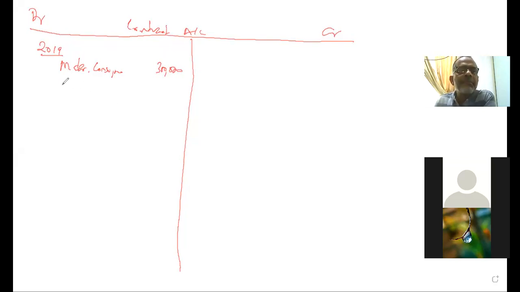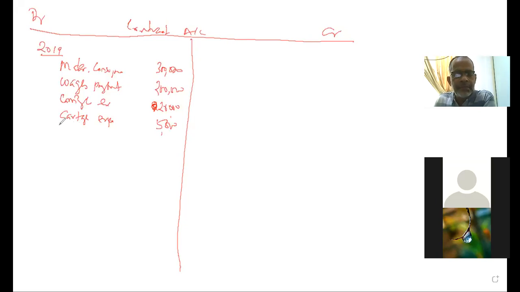Is there a next one after material? Wages payment, 2 lakhs. Third one, carriage expenses, 20,000. Next, cartage expenses, 5,000. Next, sundry expenses, 5,000.